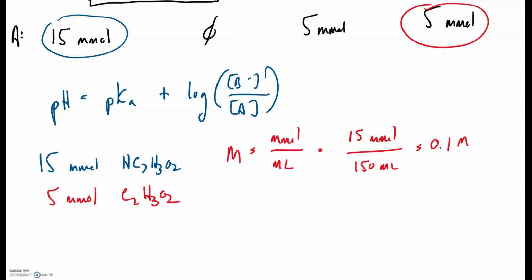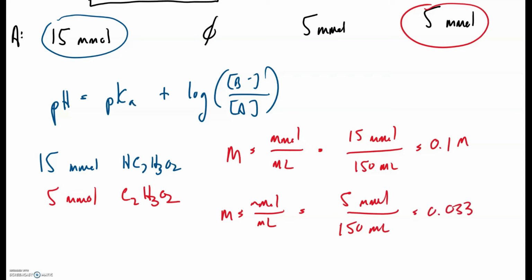And for our base, we have molarity equals millimoles over milliliters. We've got 5 millimoles over 150 milliliters. And you might need a calculator for that one. I get 0.033 molar. What's the pH?